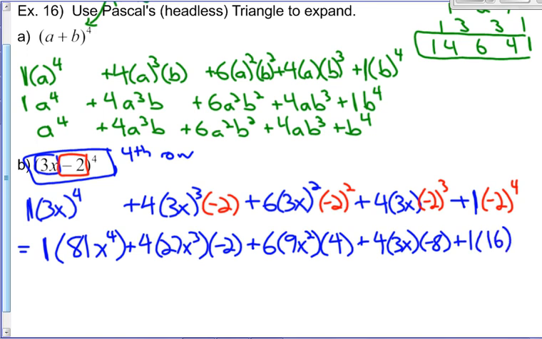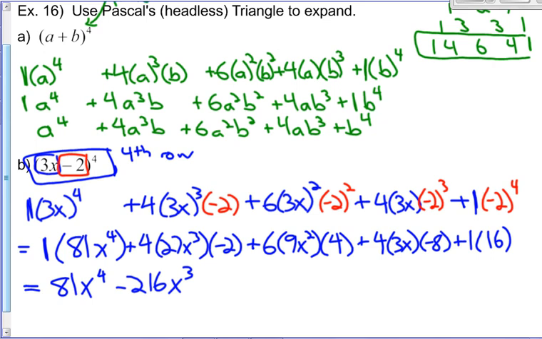And here, in your final step, actually put it in a nice form. So 1 times 81x to the 4 is 81x to the 4. Next term, 4 times 27, that's 108, times negative 2, that would be negative 216, x cubed. There's your next term in the expansion.